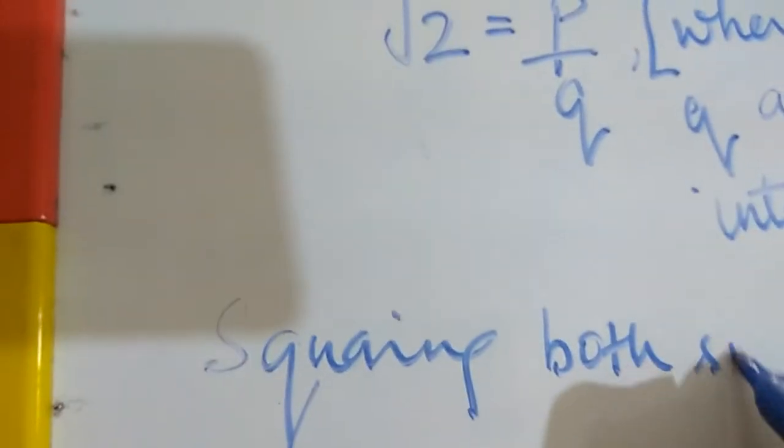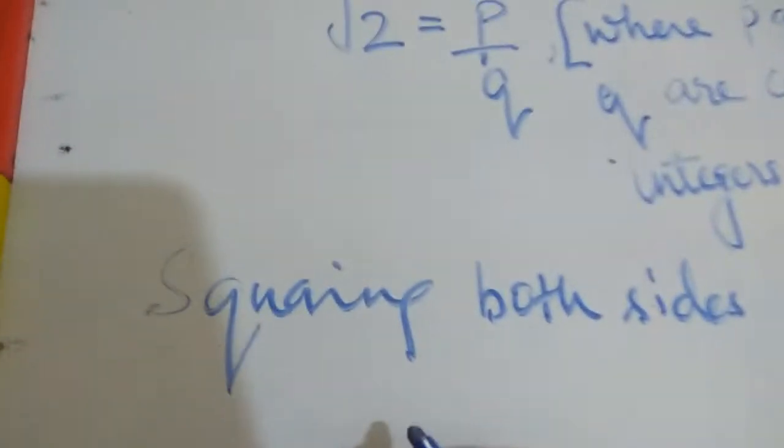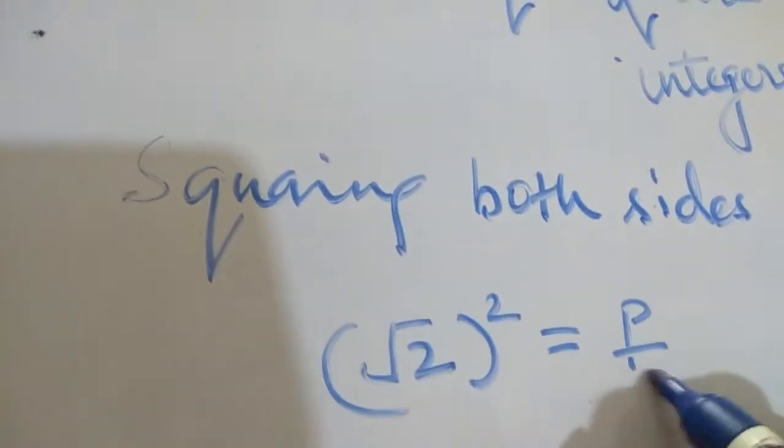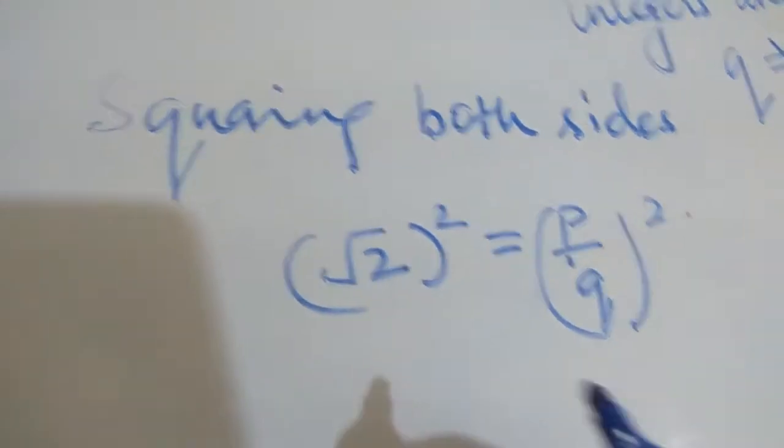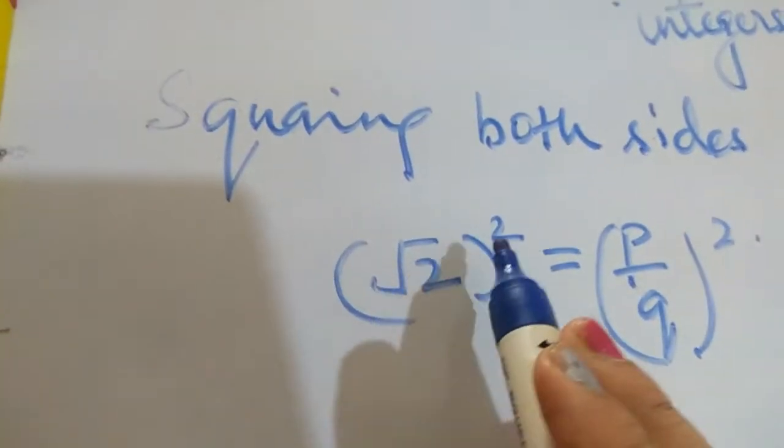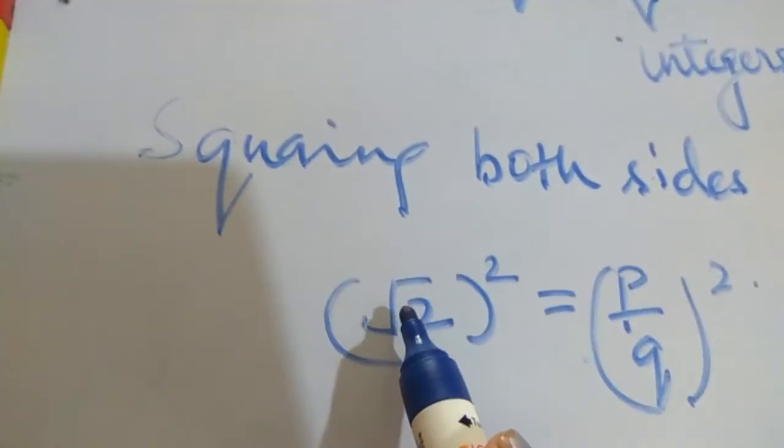Now we will square both the sides of this equation. Squaring both sides, we get root 2 squared equal to (p by q) squared.